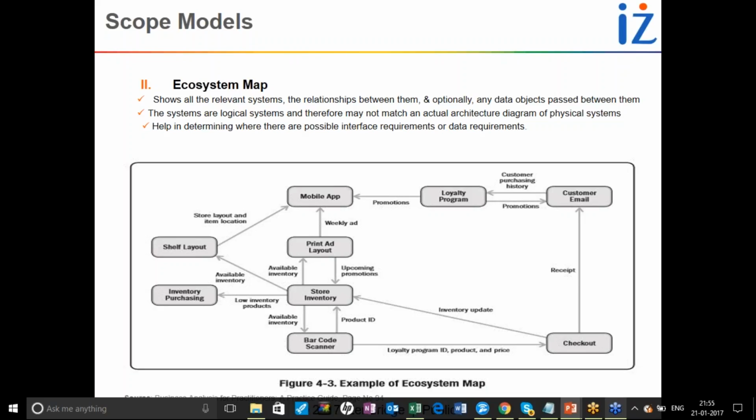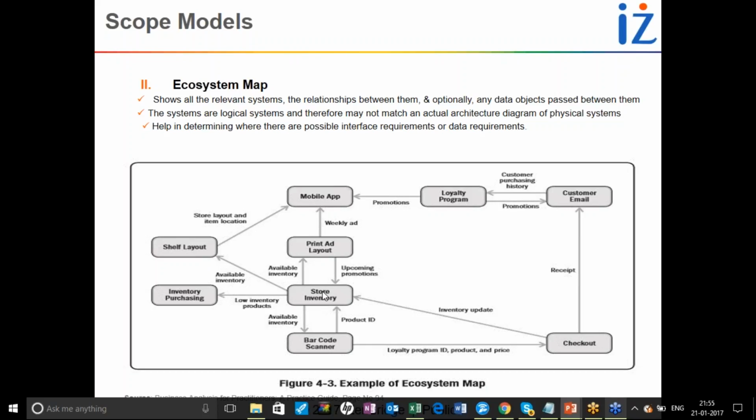For example, here you are creating a mobile app. In the goal and objective model, you identified that you need a mobile app to search the recipes, and this mobile app is directly interacting with the store shelf system. This is the direct system interacted with by the mobile app. But this shelf layout system is taking data from the store inventory.